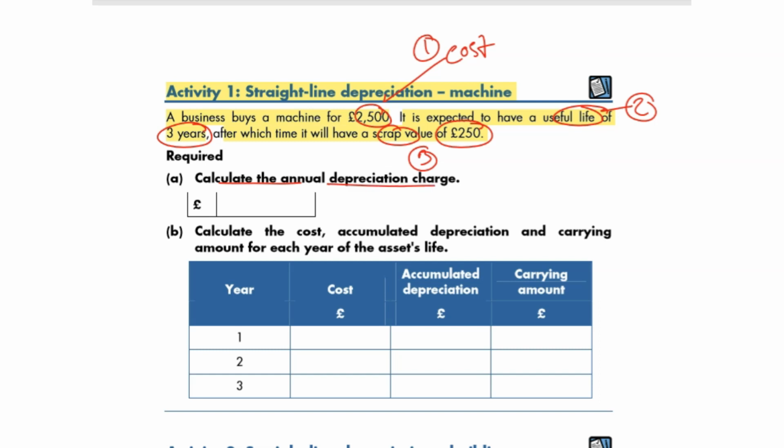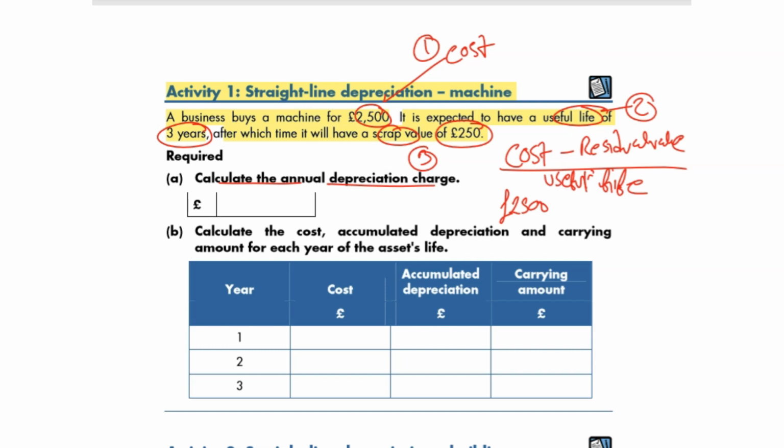We're going to use our formula, and what's the formula? Cost minus residual value over useful life, or number of years, we call it. The cost is 2,500.